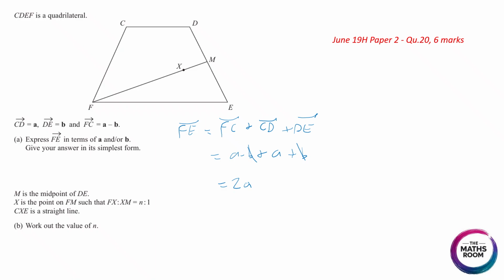Straightforward. So F to E is just 2A. Let's make a note of that here. Okay, let's make some room. 2A. First bit straightforward.